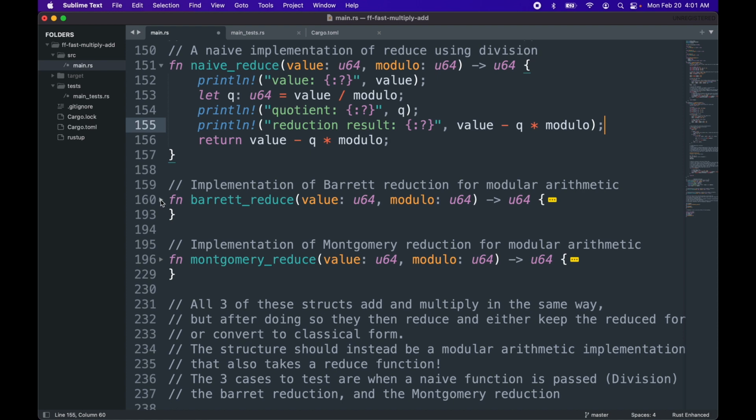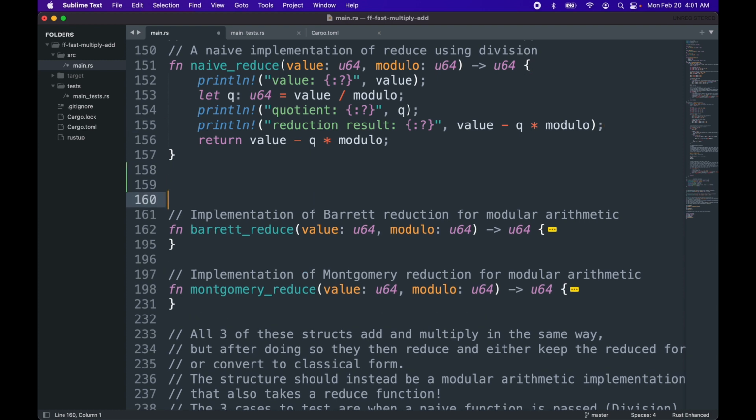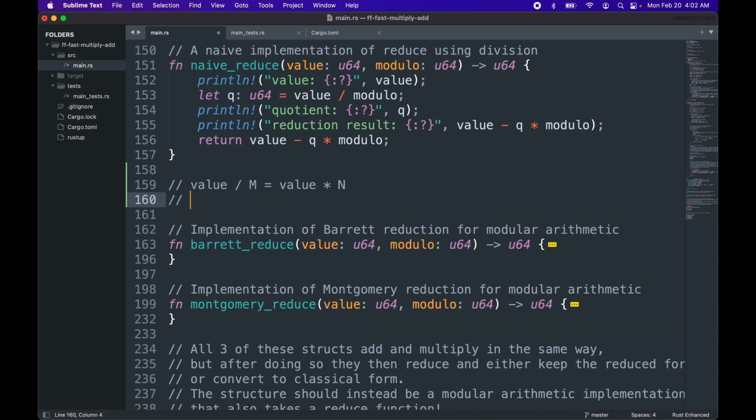So what we want to do, Barrett's contribution, is that instead of doing something like value divide by mod, we could instead say value times some number. Now, what is that number? That number is a top and bottom.